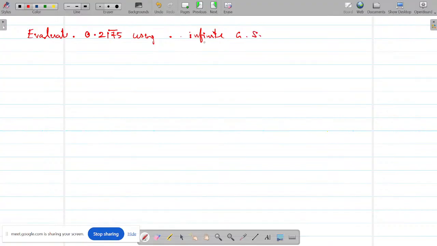First, try to understand why it is given as an infinite geometric series. If you have a look at this number, 0.2175 bar, what this bar represents is that 0.21757575 will be repeated. You will not know the stop, which means you will not know the end, which means obviously it happens to be an infinite term.